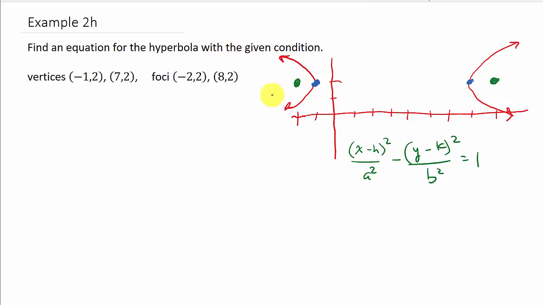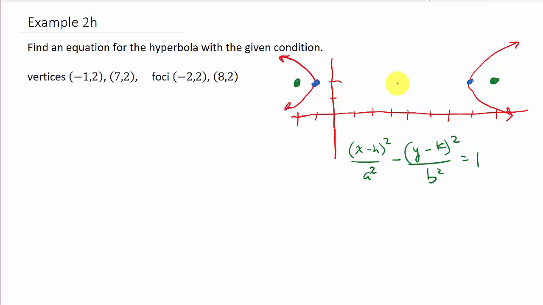Since it's opening left and right, I know the x comes first and then the y. If it was opening up and down, the y term would come first, it would be this over a squared minus this over b squared. So we need to get h and k. That tells us how it's shifted, or you could say the center here.